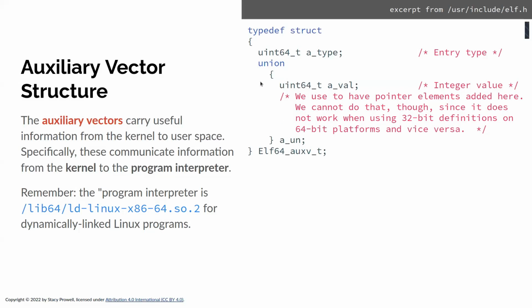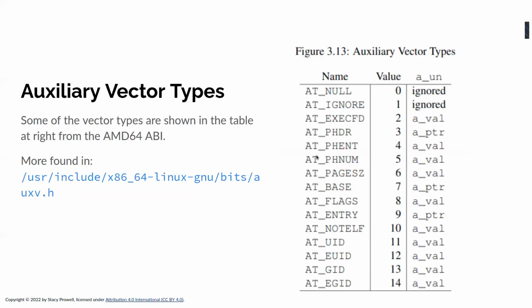So they kept the union structure, so we still have this a.un, but it's just one thing. And there's this type, ELF64 aux vector type. And what are there? There's some types. The ignore type is ignored.